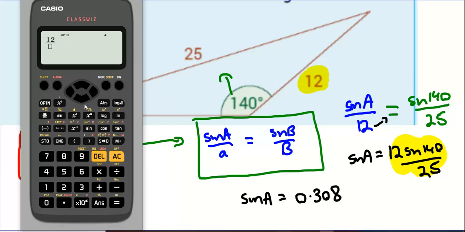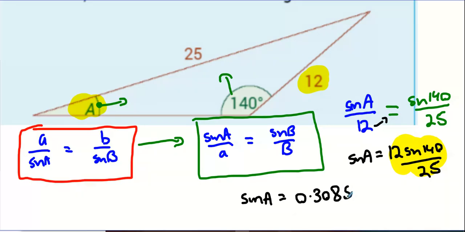So you press the fraction button at the start, then you press sine 140, and then you go to the right and enter 25 on the bottom, like that. And I got 0.0308, 5, so I'll put the 5 in as well. I don't like rounding up to 5 because it's halfway. Now, lads, prediction time. 140 looked at 25. A looked at 12. Should it be a big or a small angle?